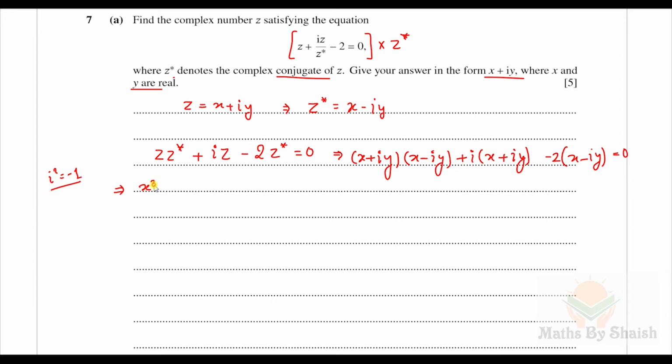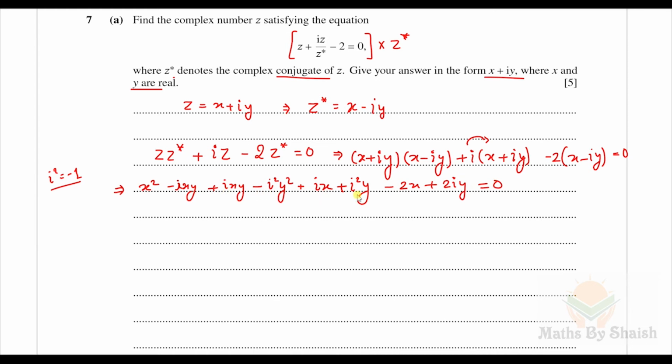Then x into x is x square, and x into minus iota y, so minus iota xy, plus iota times xy minus iota square y square, plus iota x into this bracket, so plus iota square y, minus 2x plus 2 iota y is equal to 0.